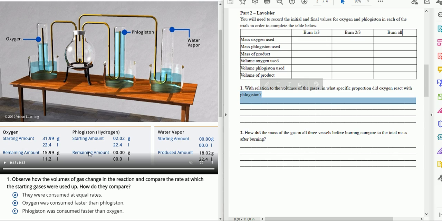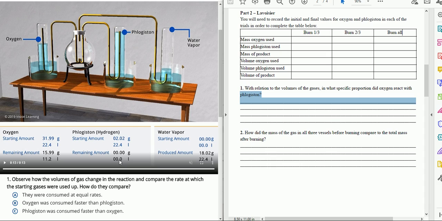Well, let's look at the amount consumed here. So, oxygen, okay, we started with 22.4 liters. We ended with 11.2 liters. So that means that we consumed 11.2 liters. For the phlogiston, we started with 22.4 liters and we ended with nothing. And so that means we used all 22.4 liters.